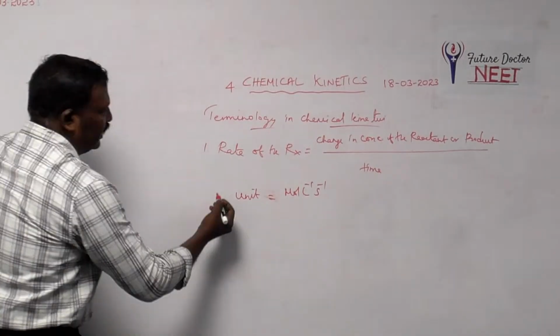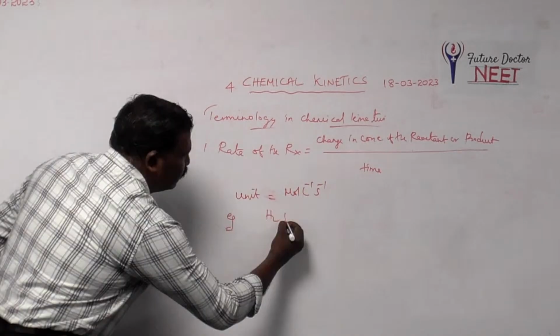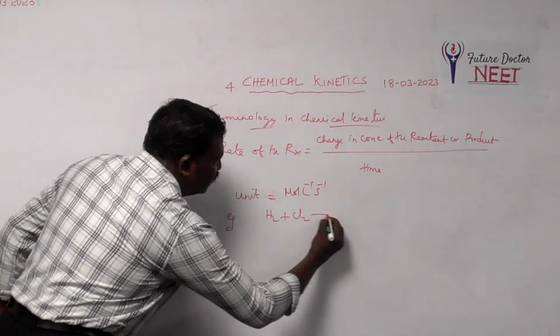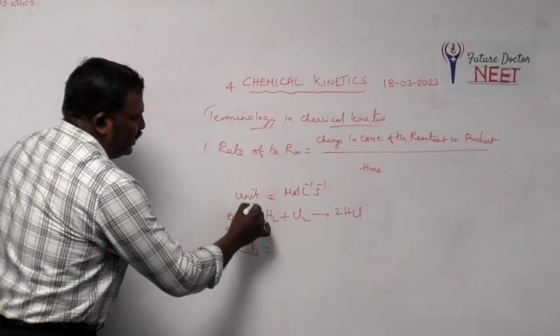The rate of reaction for this: the left-hand side goes on decreasing, the right-hand side goes on increasing. Decrease means we use a minus sign. For each and every reactant, every species, we should write the rate. So here, minus d by dt of the concentration of H2. Are you following?